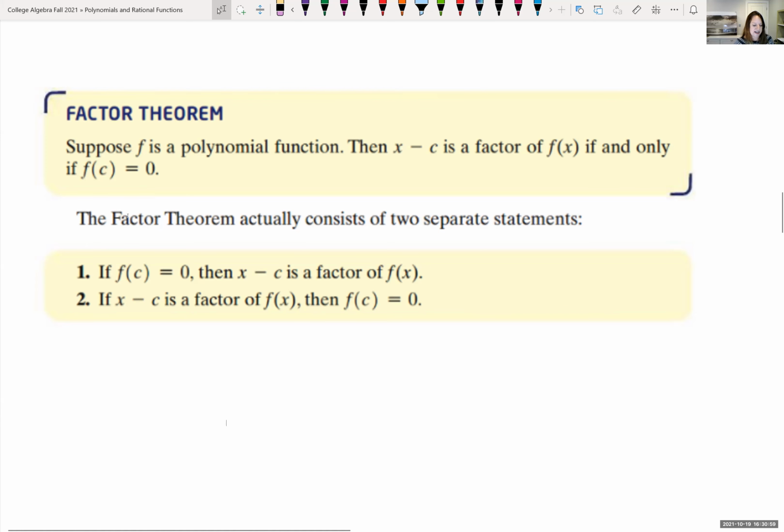So another way to state this, the factor theorem actually consists of 2 separate statements. If f of c equals 0, then we know that x minus c is a factor of f of x. But we can also go the other direction. If x minus c is a factor of f of x, then we know f of c must equal 0.